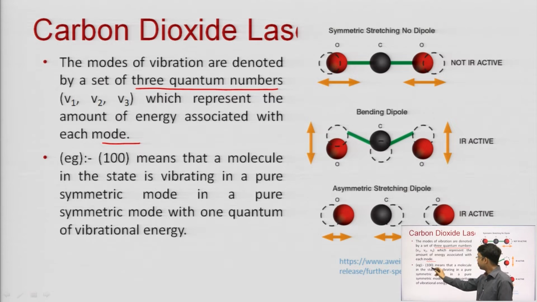For example, 100 means that the molecule is vibrating in a pure symmetric mode with one quantum of vibrational energy. How much vibrational energy? 1. If 010, it means it is vibrating in pure bending mode with one quantum of energy, and if 001, it means it is vibrating in pure asymmetric mode with one quantum of energy.